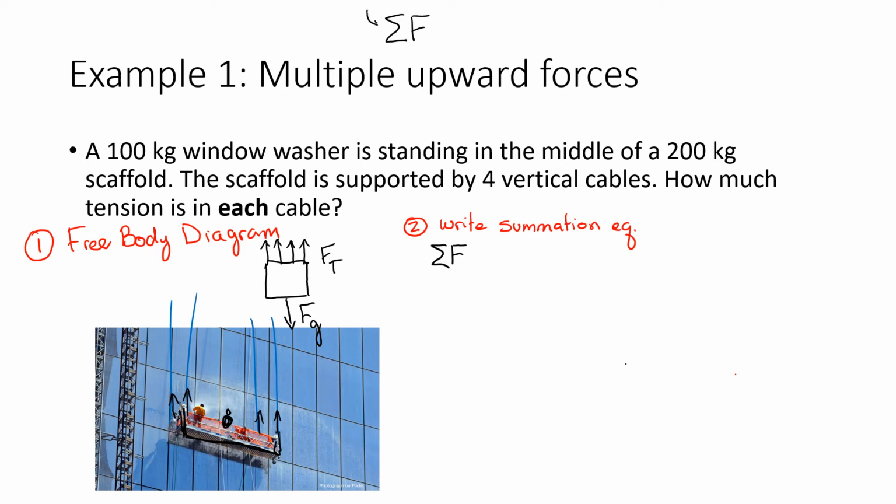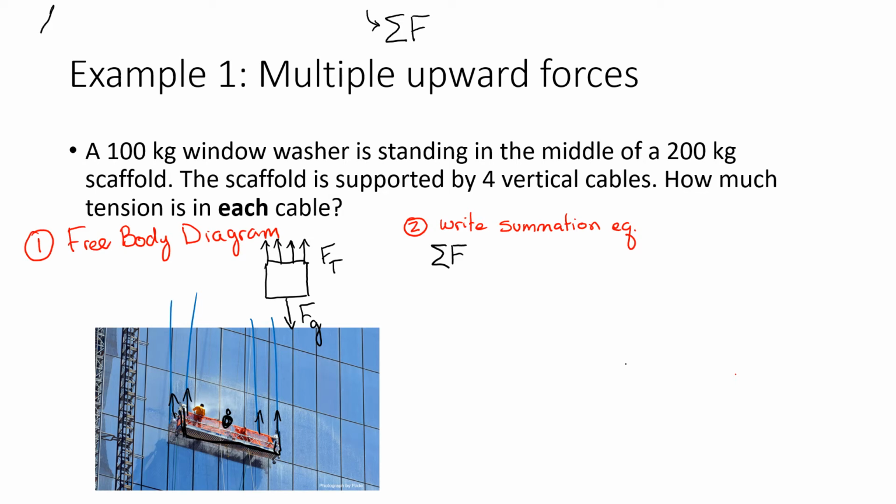So this is another Greek letter. This is sigma. And what sigma means is add up all of the whatever follows. So for example, if we wrote sigma m for something, that would mean add up all the mass.